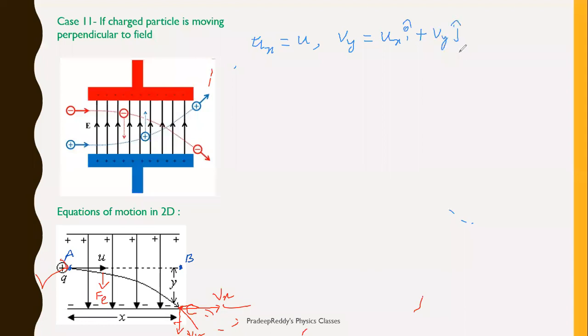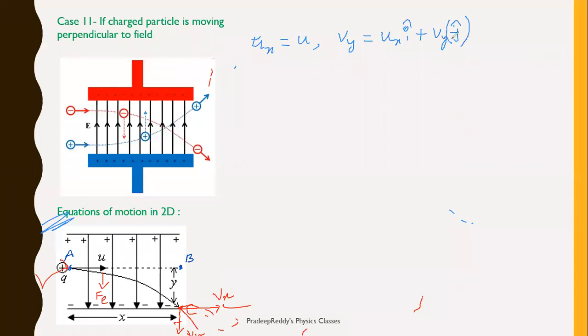Because it is a positive charge, it will be in the same direction as that of the electric field. Now in this particular figure, the charged particle is moving downward, so I will represent this with negative, minus j.